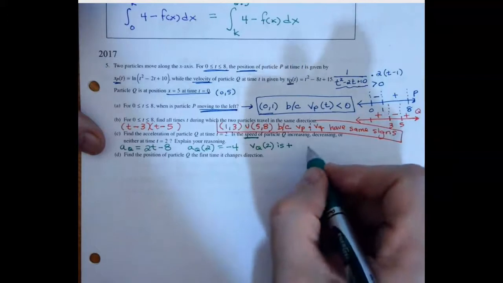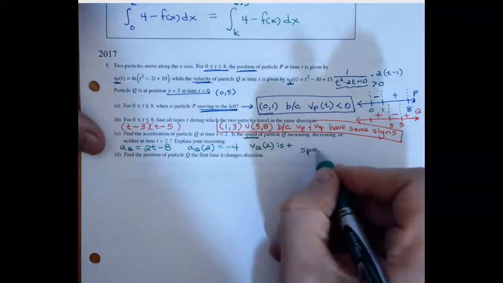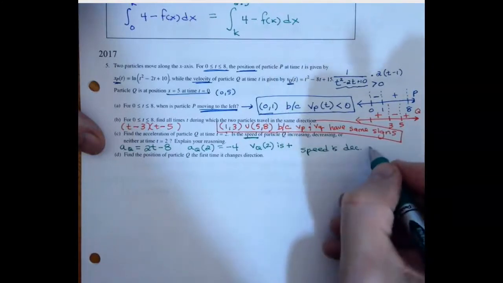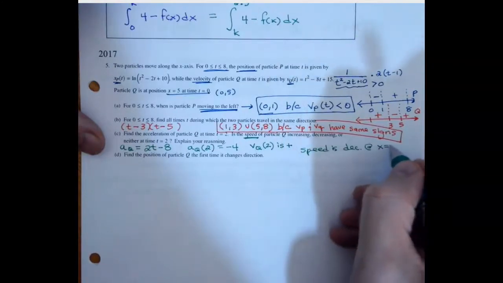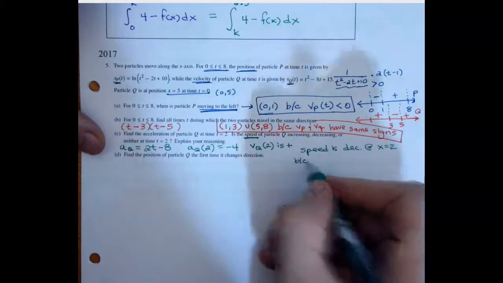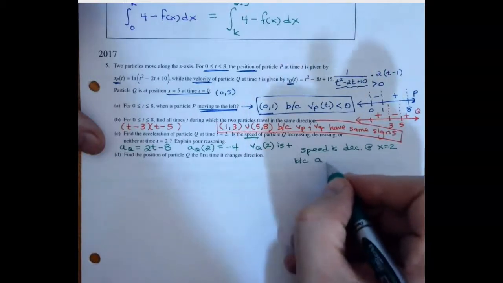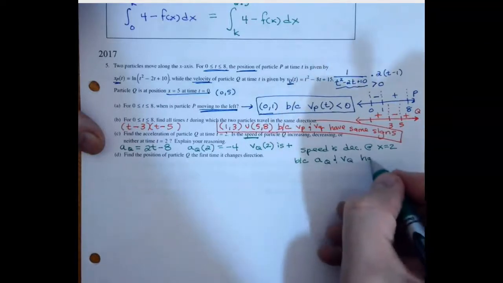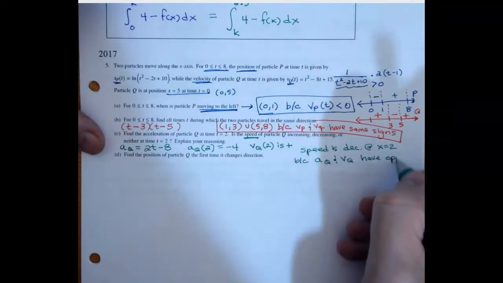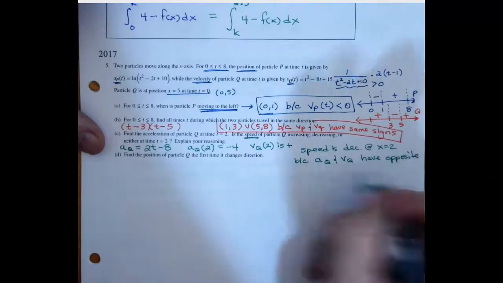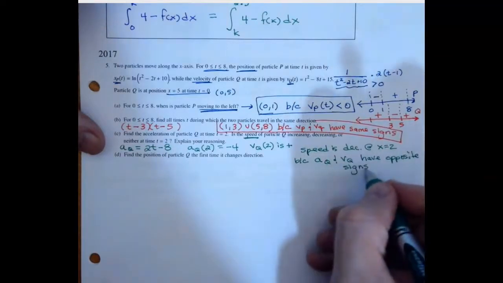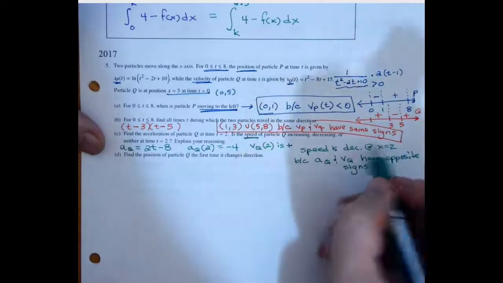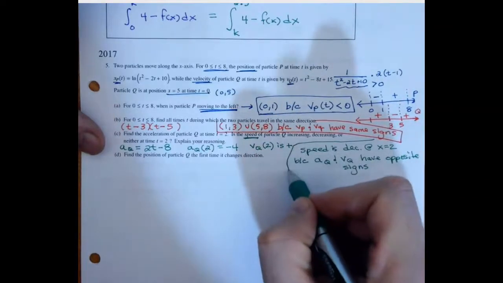We're going to say the speed is decreasing at t equals 2 because A of Q and V of Q have opposite signs. Because. So notice all those becauses. It's very important.